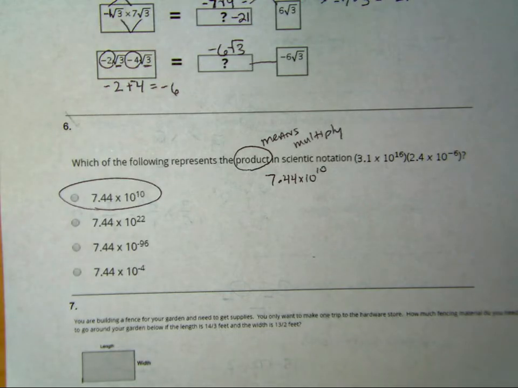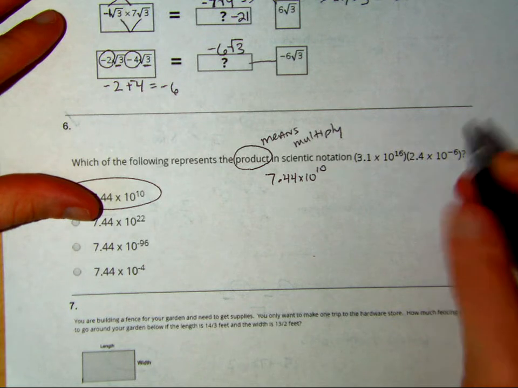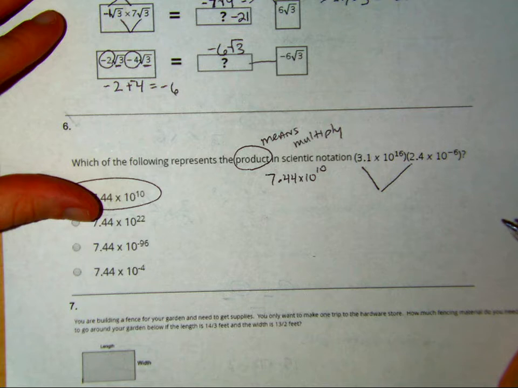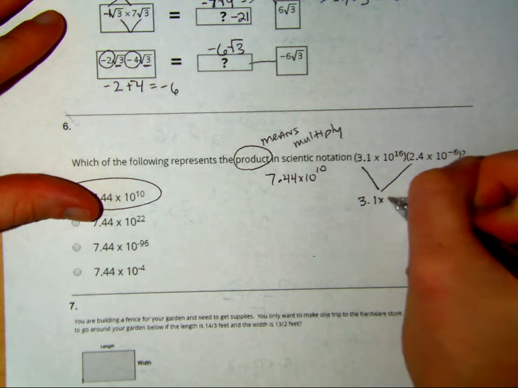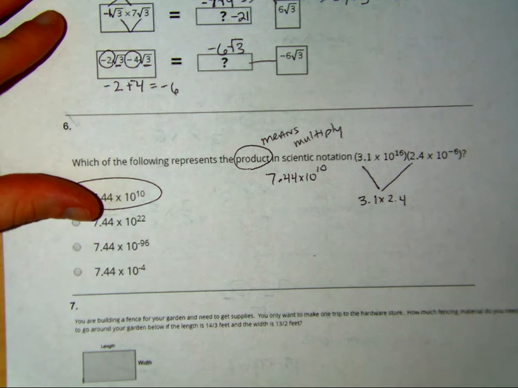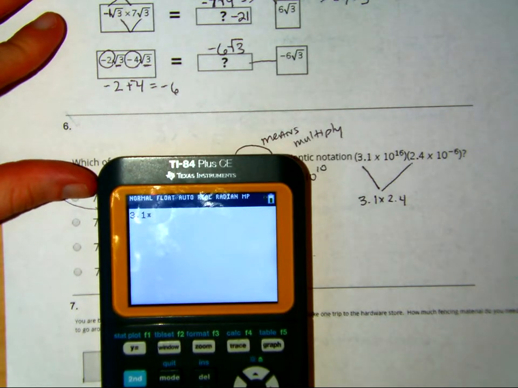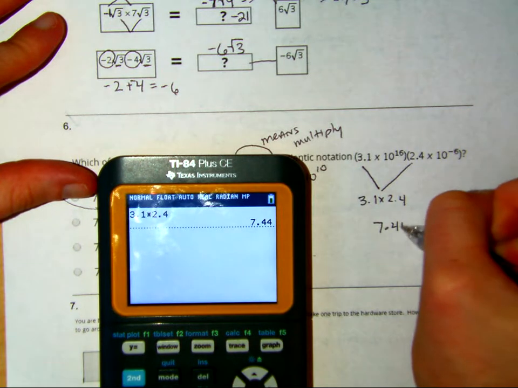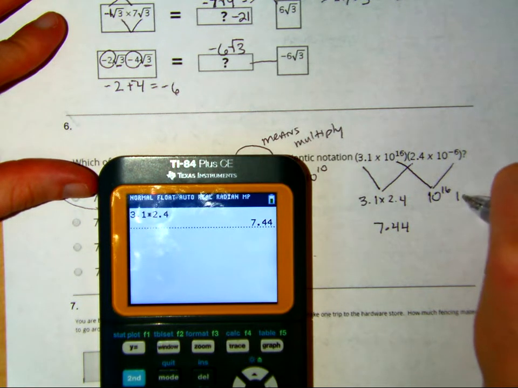But I also can show you how to use your exponent rules to answer this. So what you could do is look at combining your like terms. So you could multiply your 3.1 times 2.4, and if we do that, we get 7.44. Then we could multiply our 10 to the 16th times 10 to the -6.